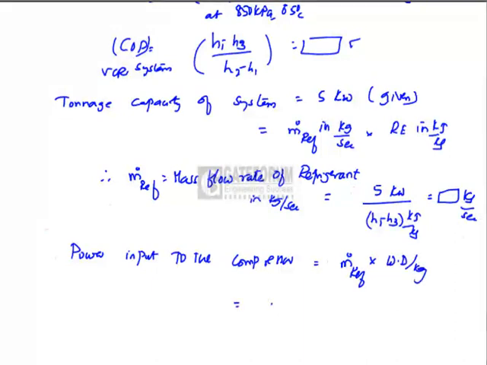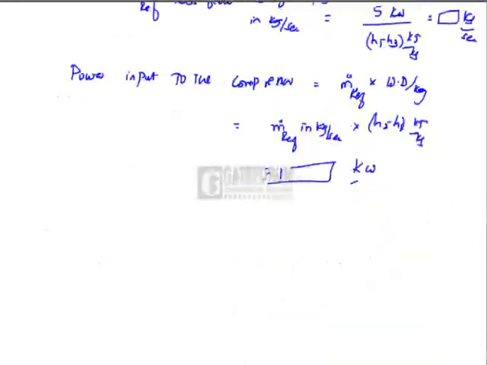Mass flow rate of the refrigerant in kg per second into H2 minus H1 kilojoule per kg. The resultant power unit will be kilowatts. That is the answer. The tonnage capacity was given as 5 kilowatts in the problem.